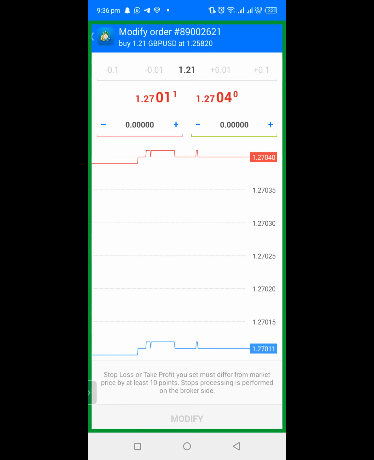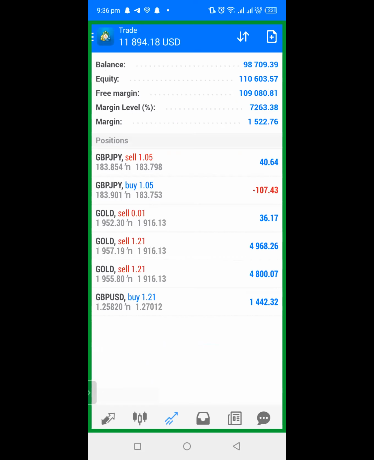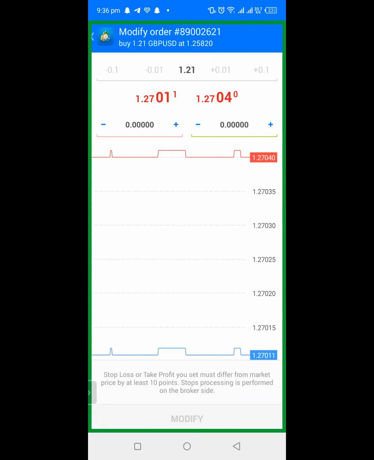Let me try. I don't know how to go about it. Okay. Go back, sir. Long press that trade again. Can you double tap on that lot size?